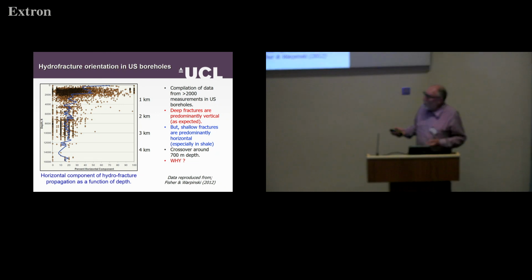What they found was that below depths of about 700 meters, the fractures were predominantly vertical as expected and predicted, but at shallower depths, many of the fractures were predominantly horizontal, especially in sedimentary rocks and especially in shales, with this crossover, as I said before, at around 700 meters.